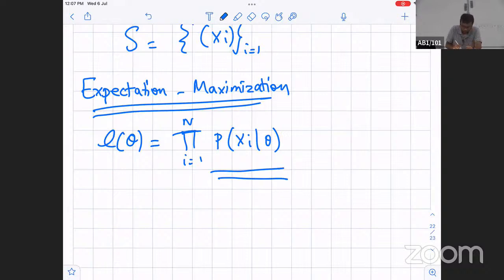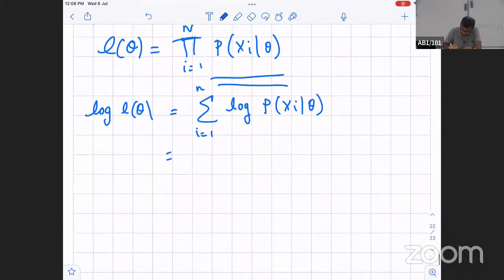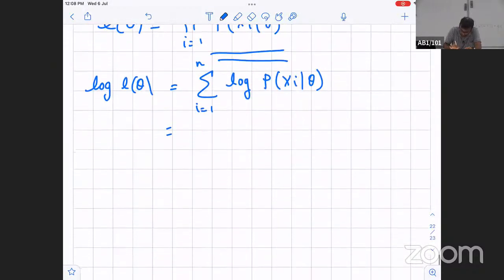If I take the log of this, log of L of theta will become the summation i going from 1 to n of log of p of xi given theta. And p of xi given theta has to be further broken down.